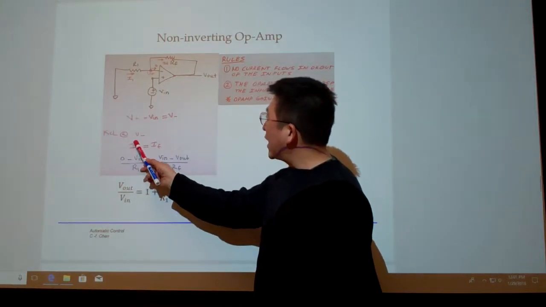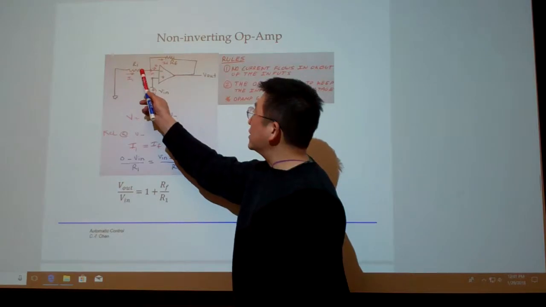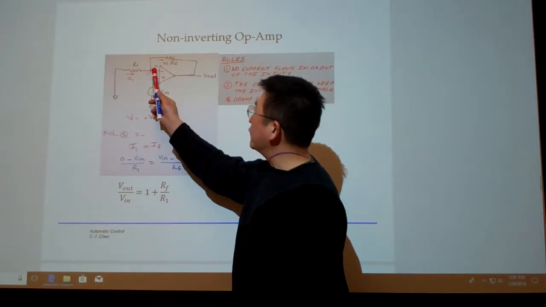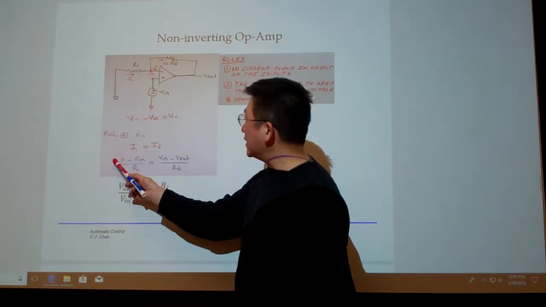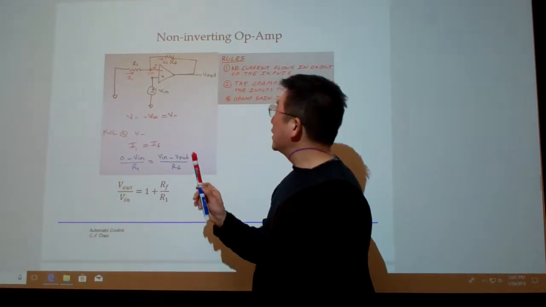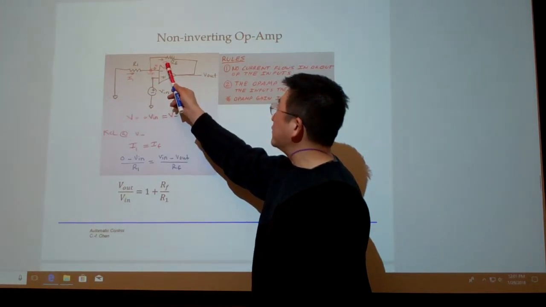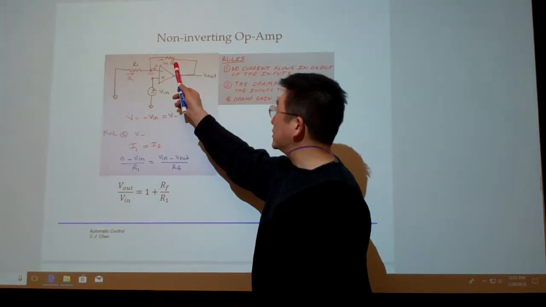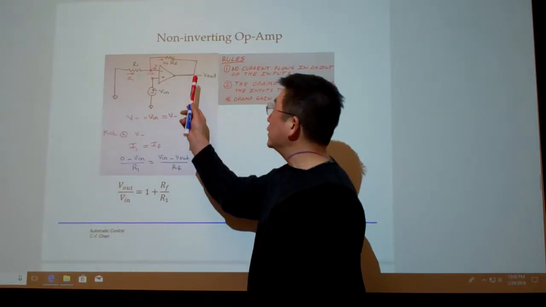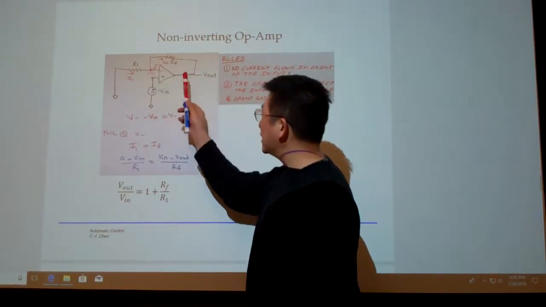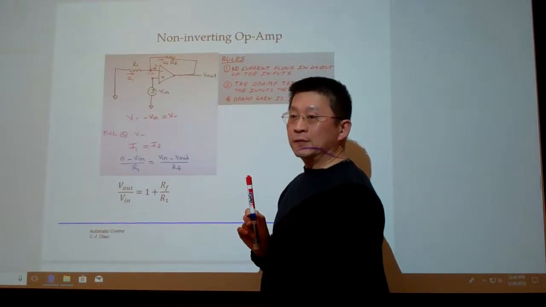With this one, then we apply the first rule. What is I1? I1 is the current coming through here, determined by the voltage difference across it divided by R1. So that is I1. What is IF? IF multiplied with the resistance equals the voltage across itself. So (V out minus V in) divided by RF equals IF.